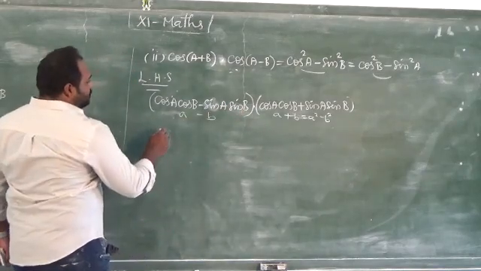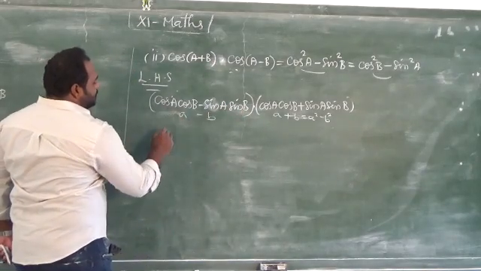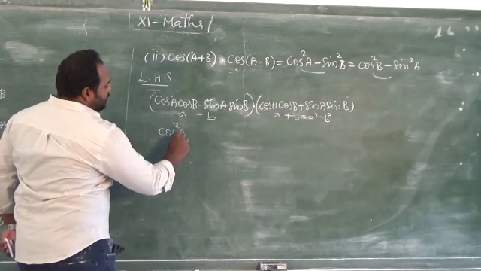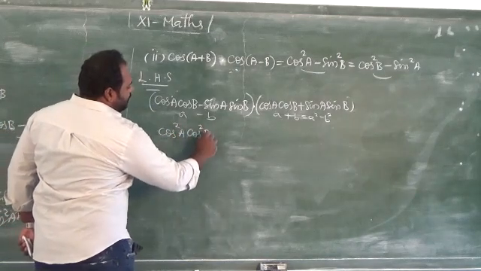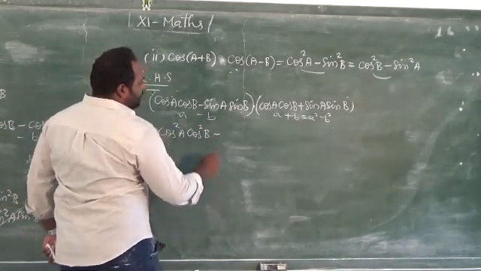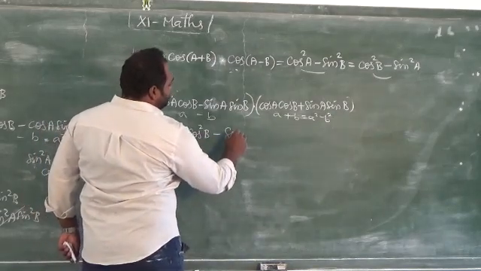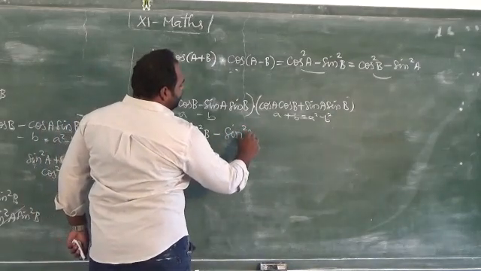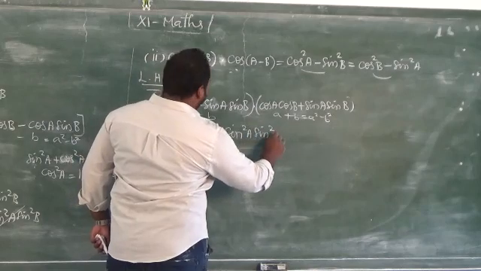So here a square is cos square a cos square b, minus sin square a sin square b.